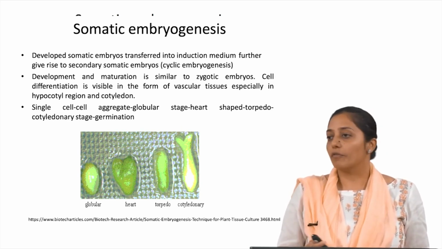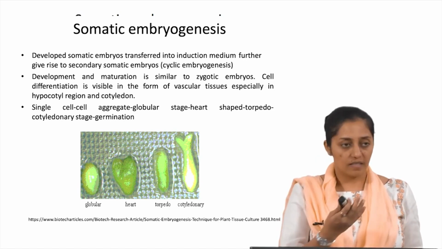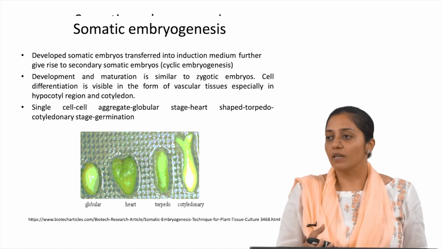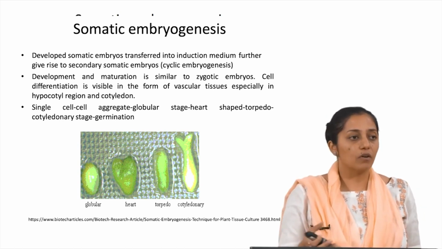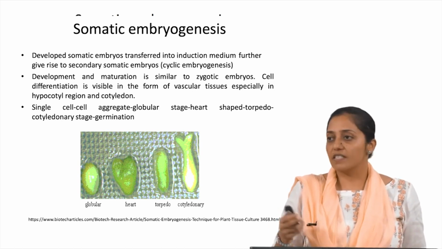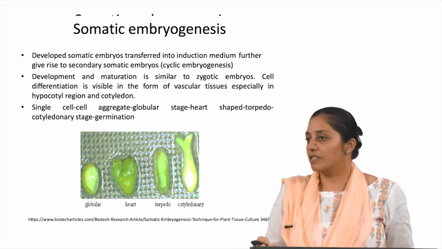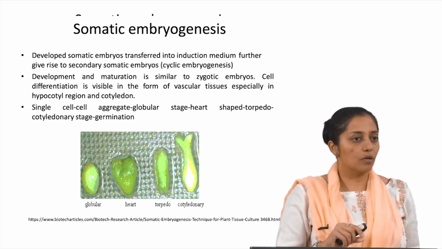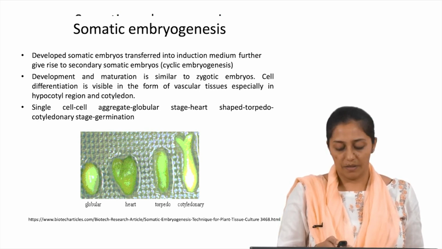Now all these are morphologically distinct. You can clearly see once the somatic embryo starts developing, and moreover biochemically and molecularly they are also different, because differentiation is taking place, vascular bundle formation is taking place, and thereby from the meristem region a root meristem and shoot meristem region will appear.